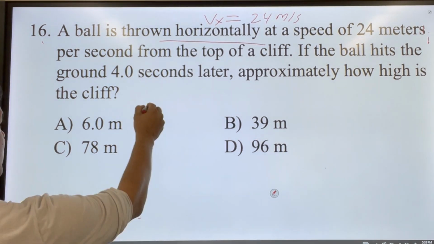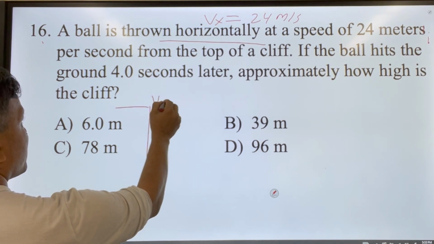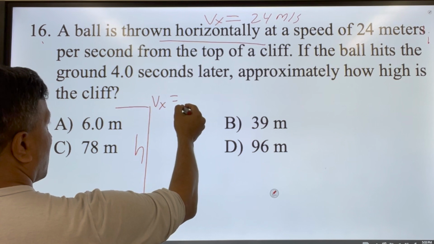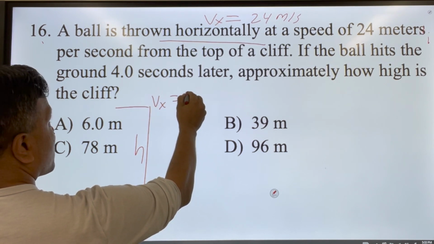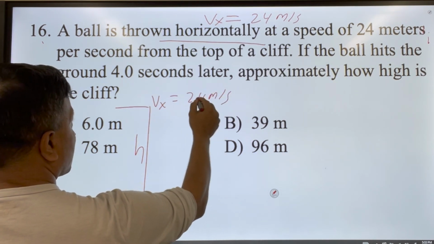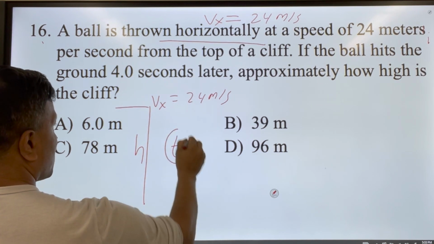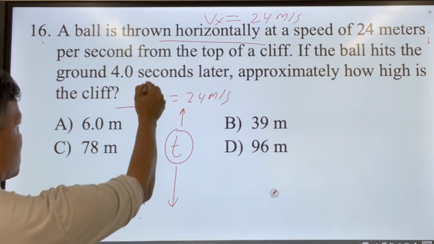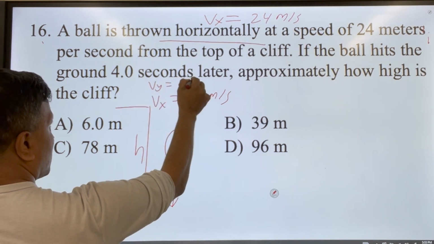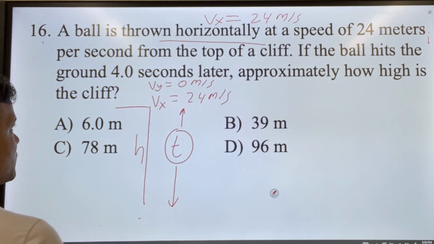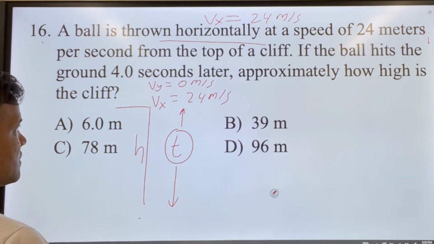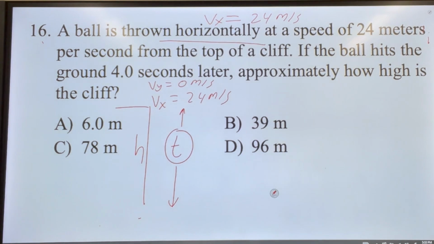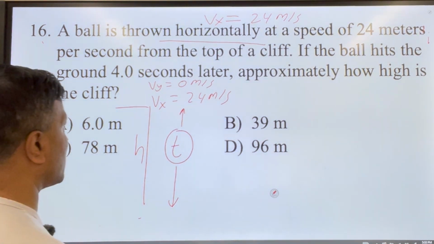So if you throw a ball with Vx from the top of a cliff, which is h meter high, with 24 meter per second, that 24 has no business with the time it takes for the object to fall. Only Vy has something to do with the time it takes. That's why when Vy is more than 0 or less than 0, it takes a different time.